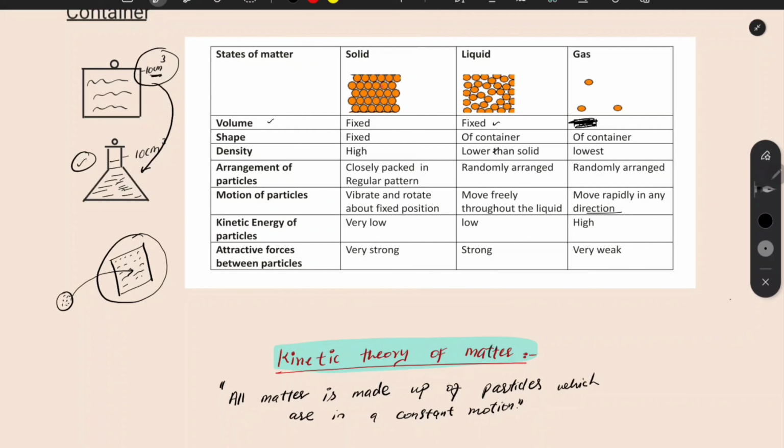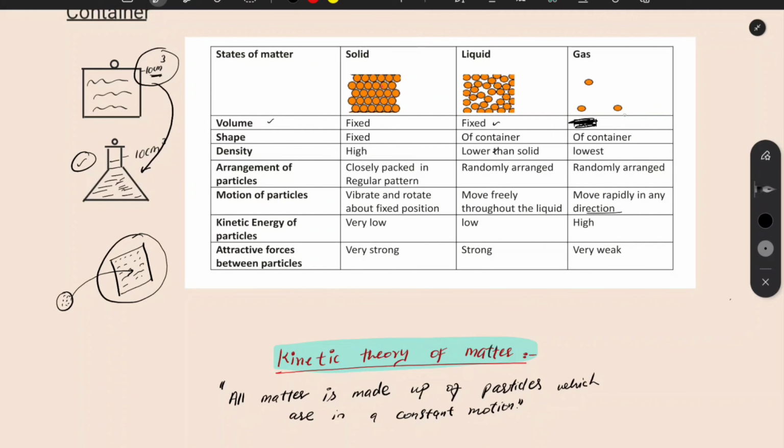So the shape of a liquid is the shape of its container, and this is similar with gases. If you transfer a gas from a balloon into a rectangular shaped container, the shape of the gas will become rectangular.